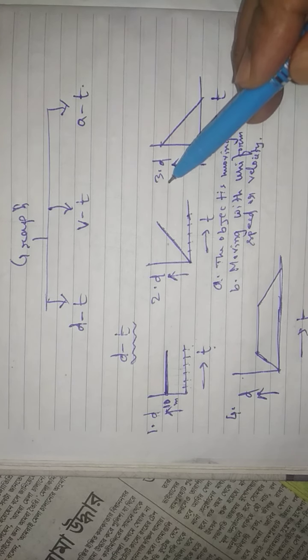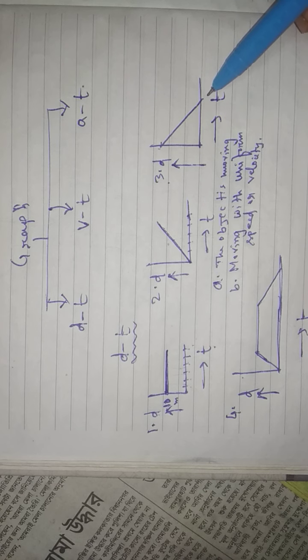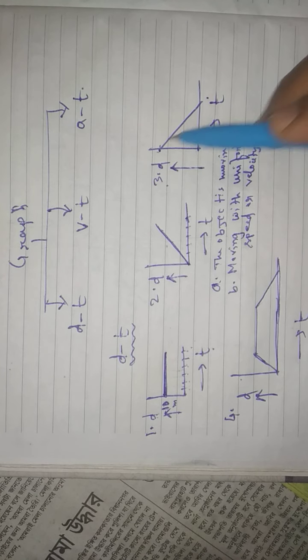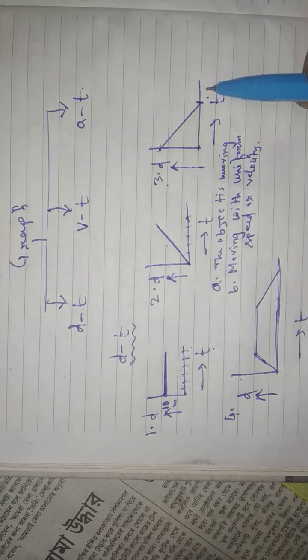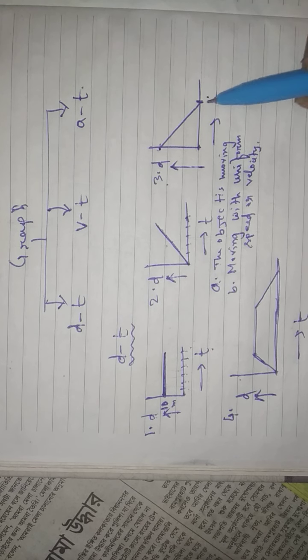Next, graph number 3. Here the graph is like this. So we can say from this graph, initially there was a huge distance. After some time the distance is 0. That means the object was moving and it was heading towards my side. That means it is coming, not going away.